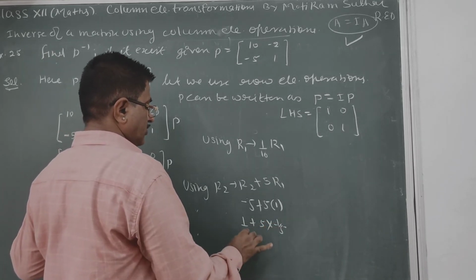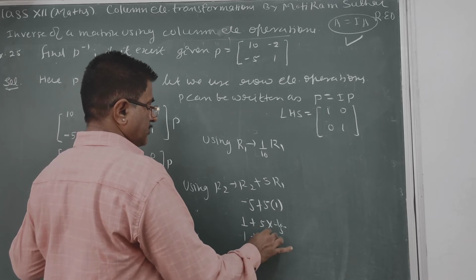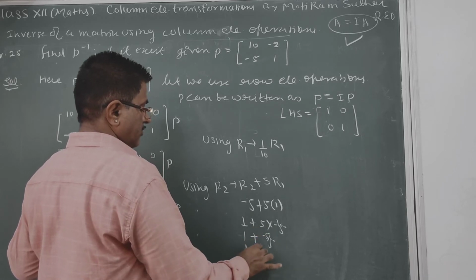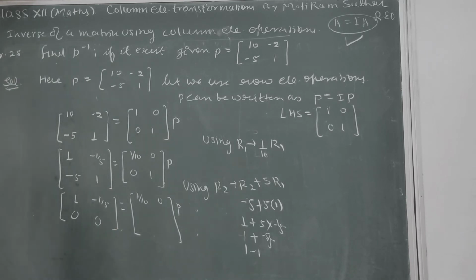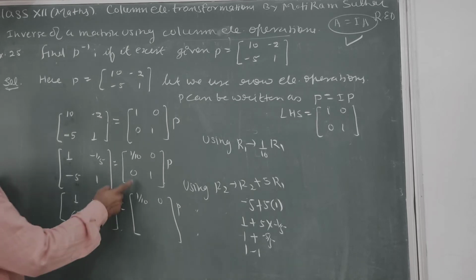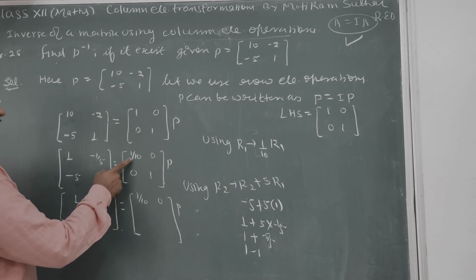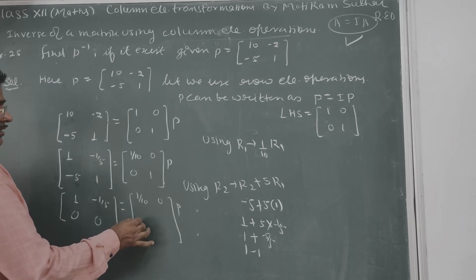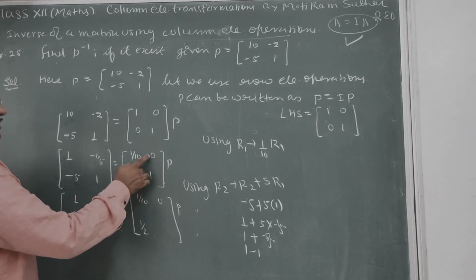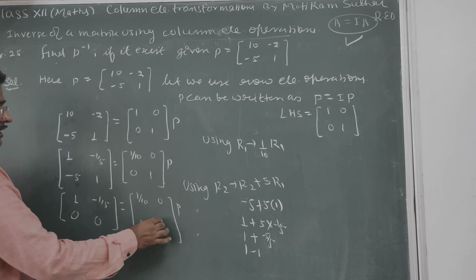So if you solve this, 1 plus minus 5 upon 5, that is 1 minus 1, which is also 0. Then on the right hand side, 0 plus 5 times 1 by 10, that is 1 by 2. 1 plus 5 times 0, that is again 1.